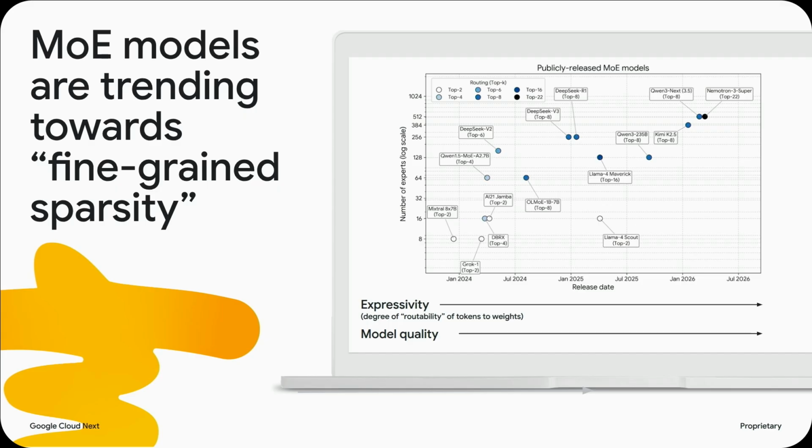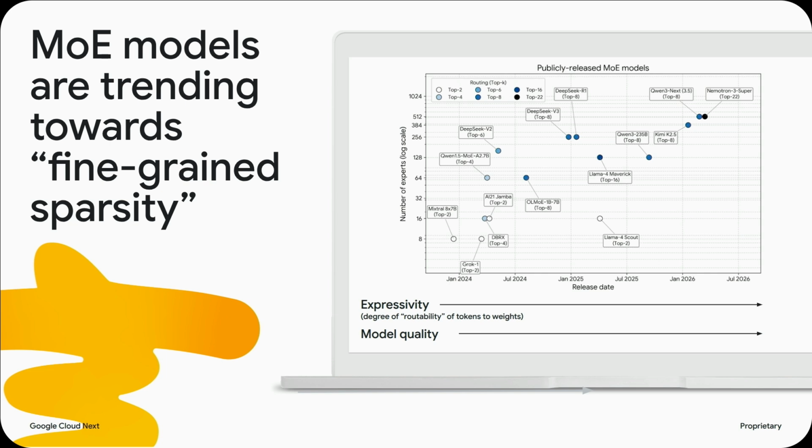Time is on the x-axis. Number of experts in the model is on the y-axis. And I've color-coded the number of experts each token is going to, the top k routing factor, in different colors, right?